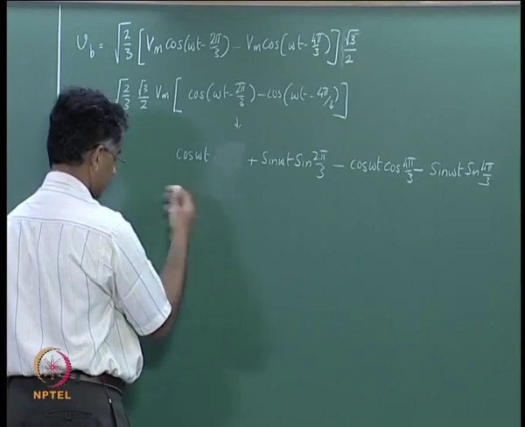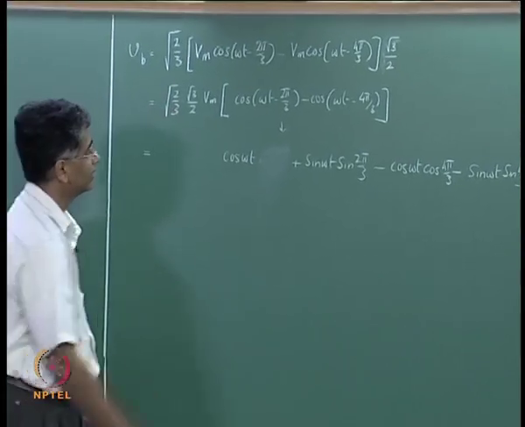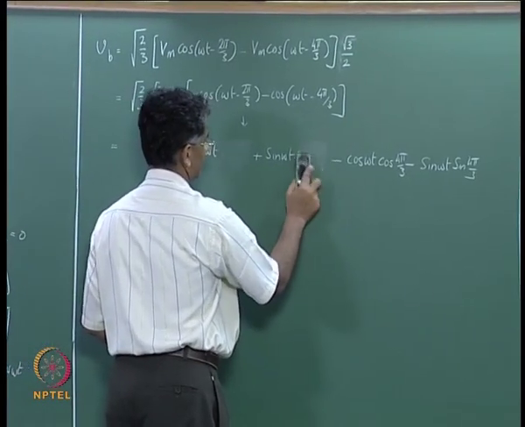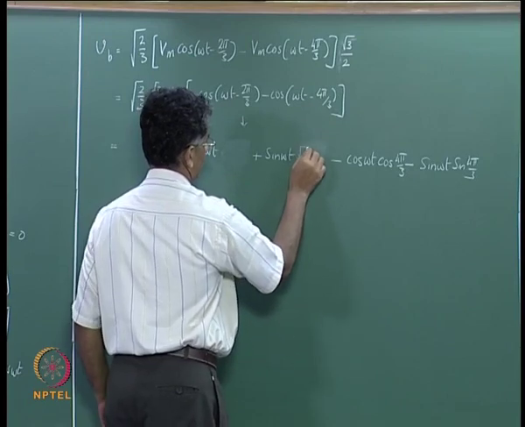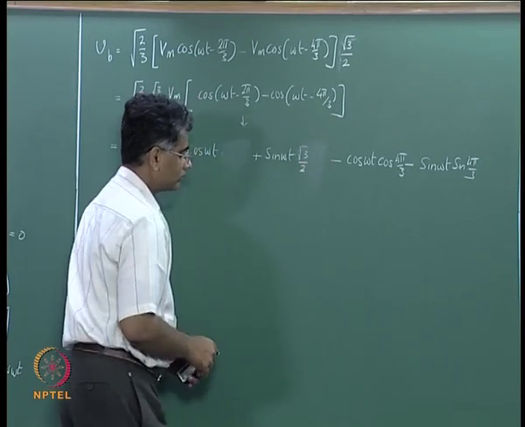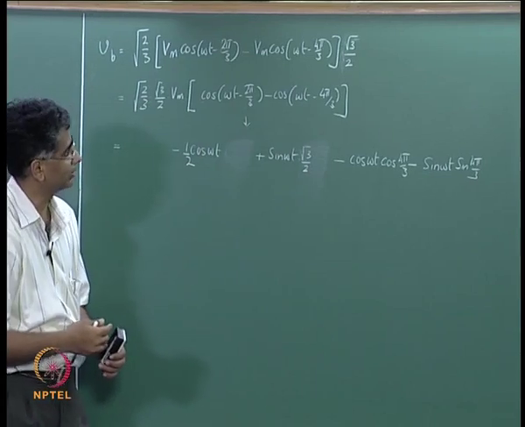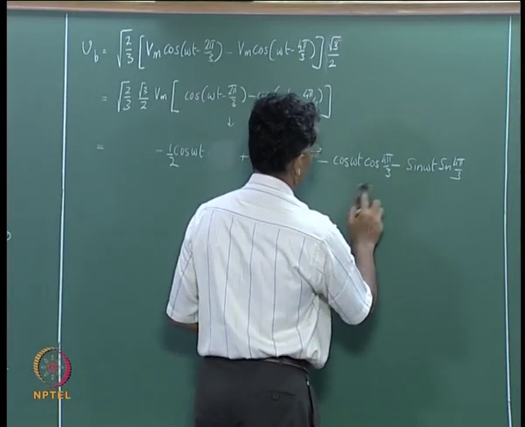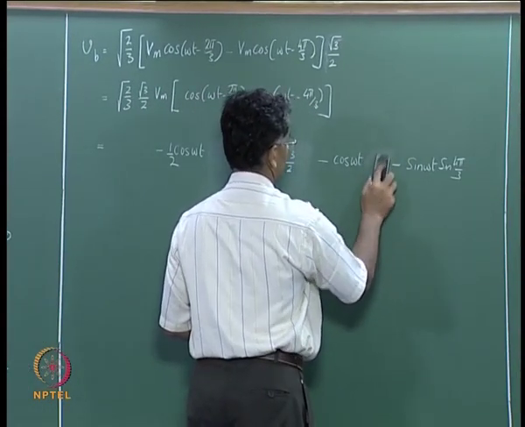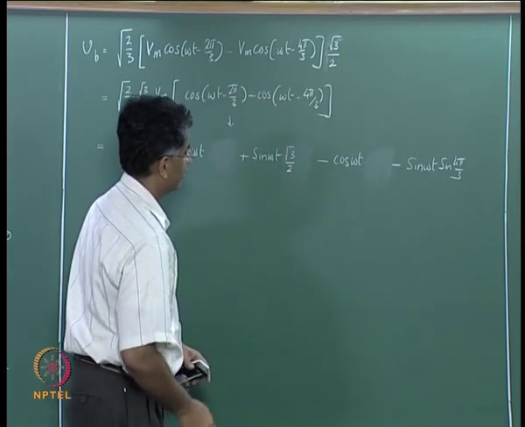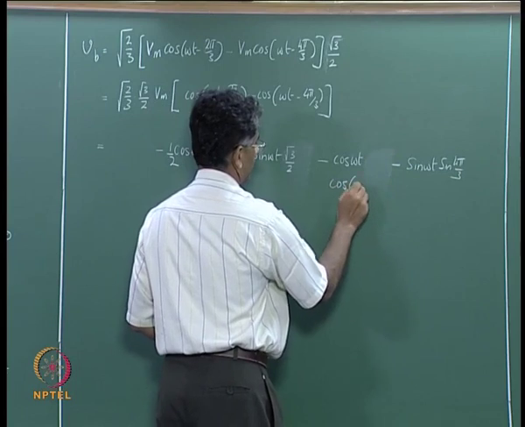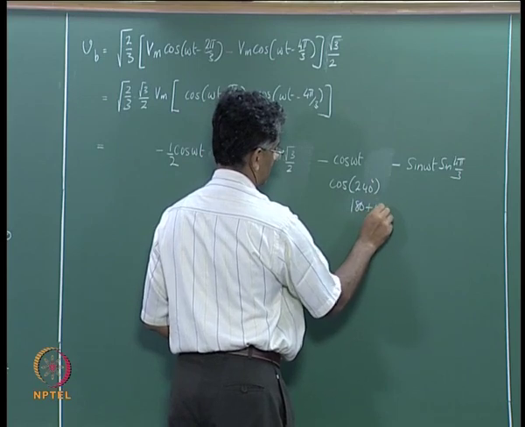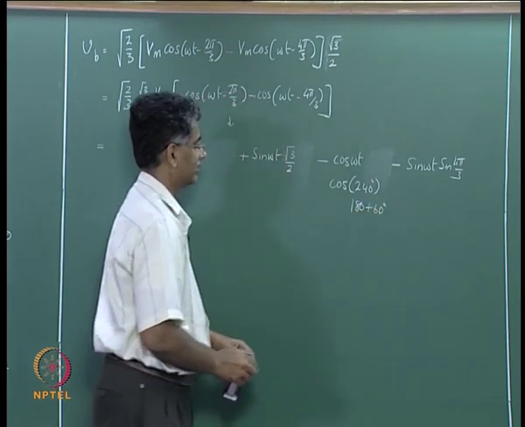Cos 120 is cos 90 plus 30, that is minus sin 30, that is minus half, and then sin 2 pi by 3 is root of 3 by 2, that is sin 120 is sin 90 plus 30, that is cos 30, that is root 3 by 2, and then cos 4 pi by 3 is cos of 240 degrees, that is cos of 180 plus 60 degrees, that is minus cos 60 degrees.